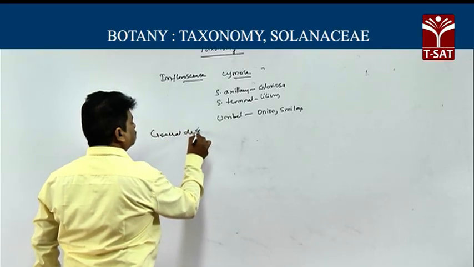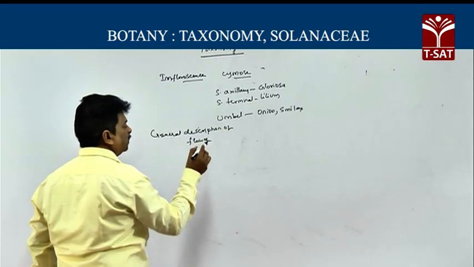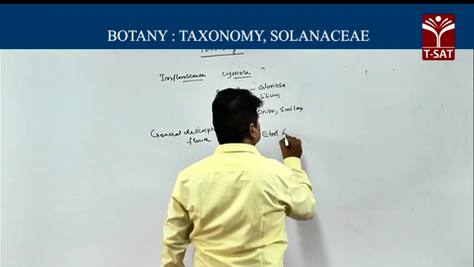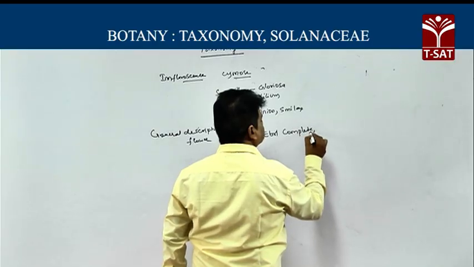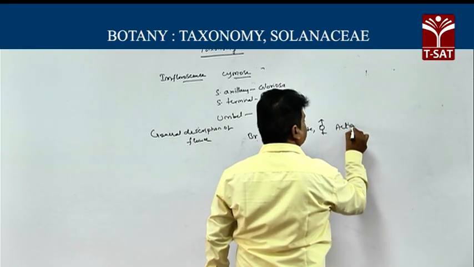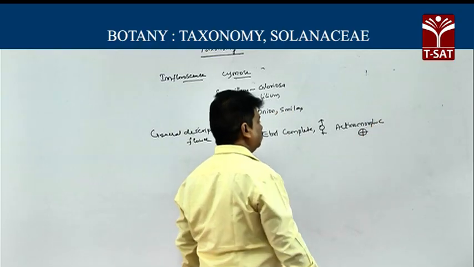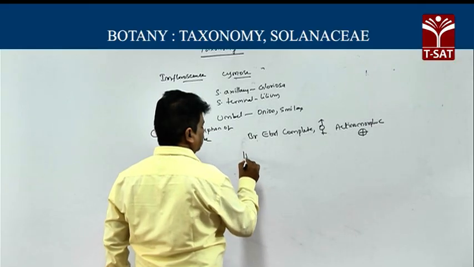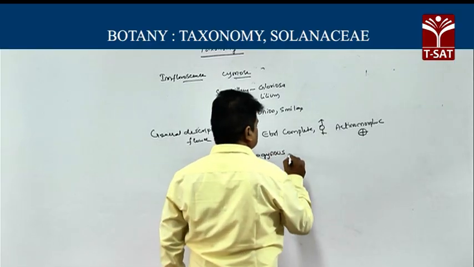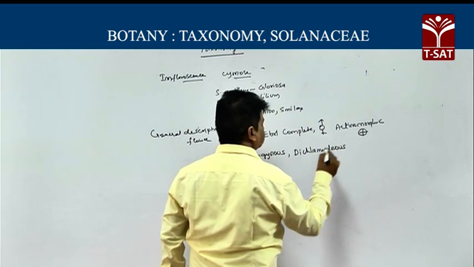The next one, general description of flower. Flowers are bracteate, ebracteolate. All 4 floral parts present, complete. Then bisexual, actinomorphic. Actinomorphic means flower can be cut into 2 equal parts in vertical and transverse plane. Hypogynous, superior ovary. Dichlamydeous, perianth members arranged in 2 rows.